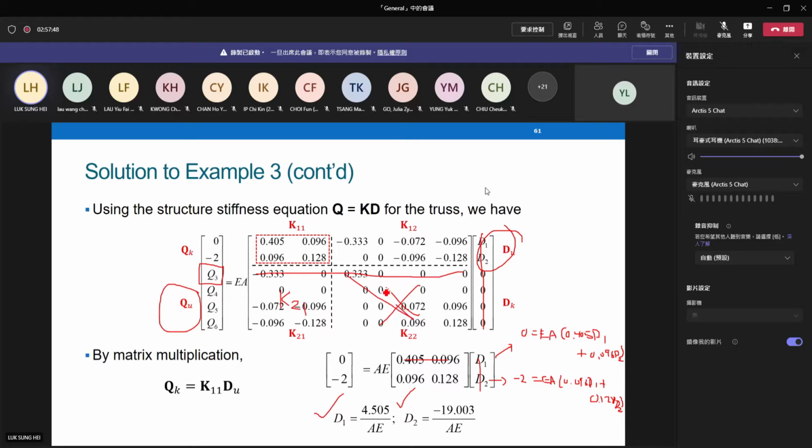Again, you can see that this part, K22, is redundant in our calculation. K12, K22 is useless in our problem, example 3. Only the first two columns are useful. Among the whole big stiffness matrix, we have 36 elements, but only the first two rows and first two columns are helpful.